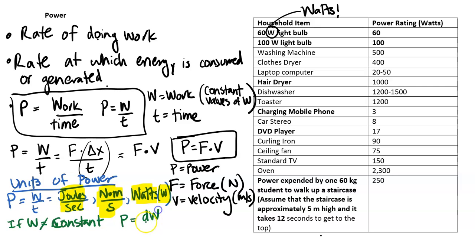Power is going to be the derivative of work with respect to time. So this is essentially like if we were to have a graph of work versus time, and it was something like this, power is going to be the derivative of this graph, which is going to be the slope. So the slope would be power. Cool. We are going to go ahead and solve a couple example problems together.